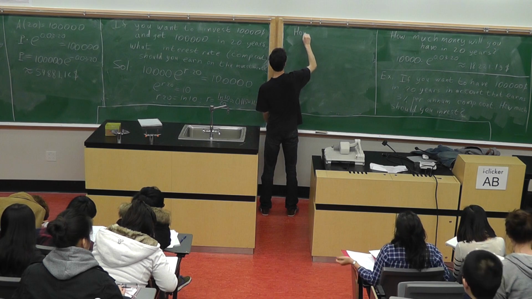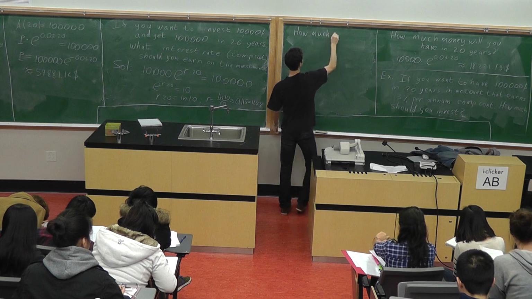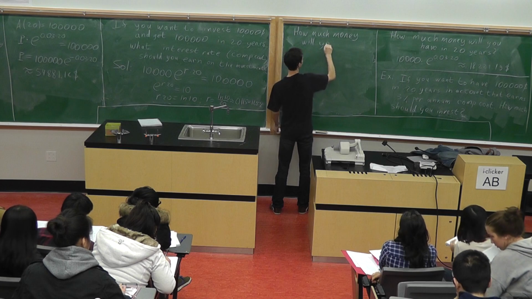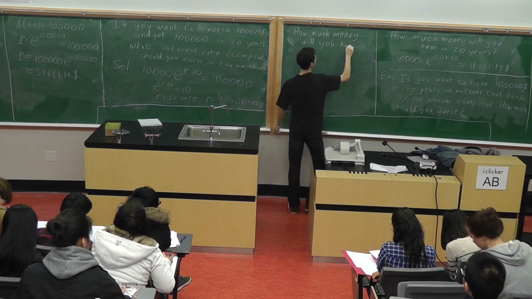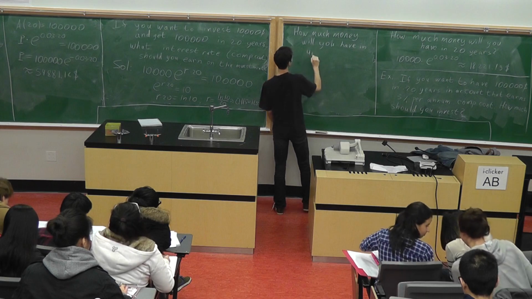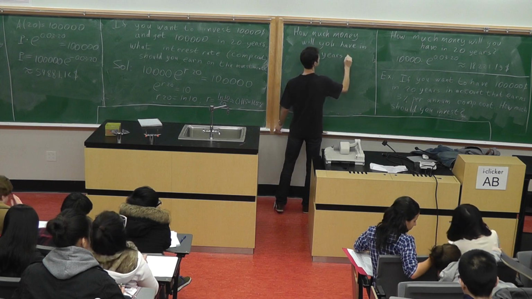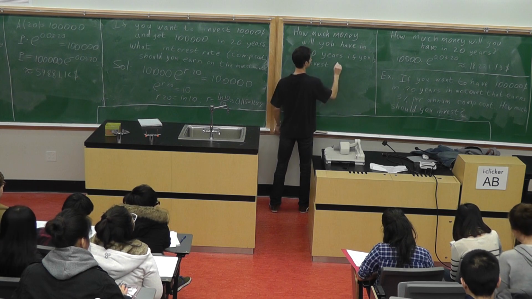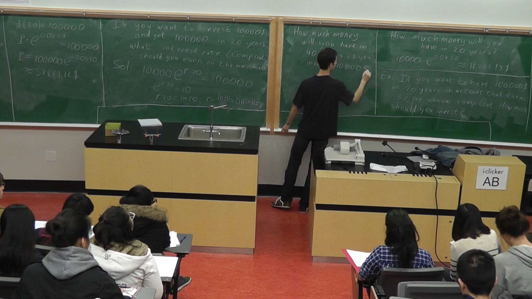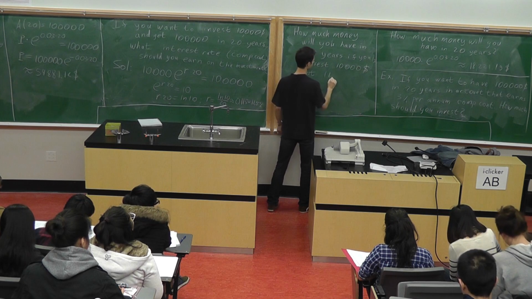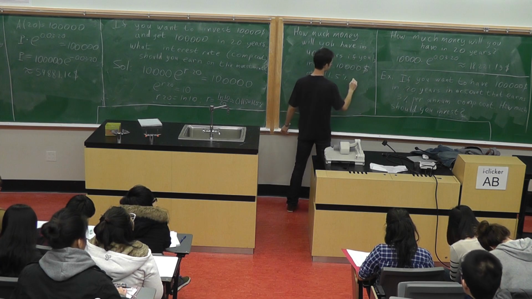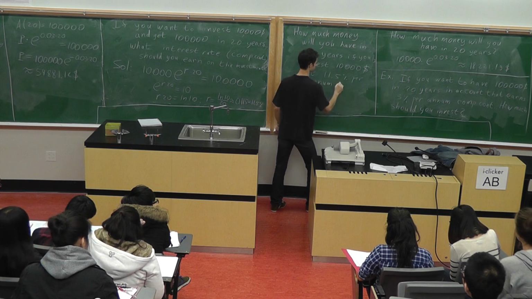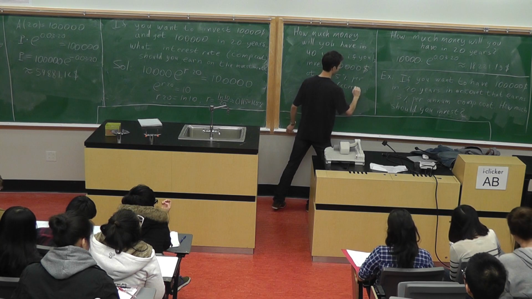How much money will you have in 40 years if you invest $10,000 at 11.5% per annum, once again compounded continuously.